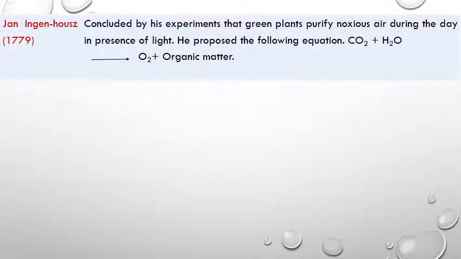Next scientist was Jan Ingenhousz. He concluded that green plants purify the noxious air during the daytime in the presence of light, and he proposed this equation: carbon dioxide and water combine to form organic matter, and they also produce oxygen gas.